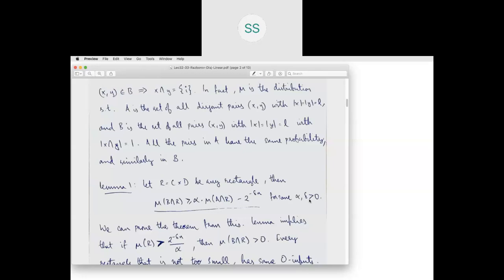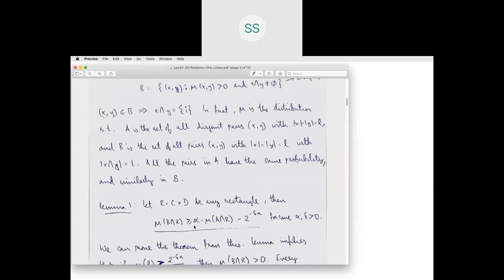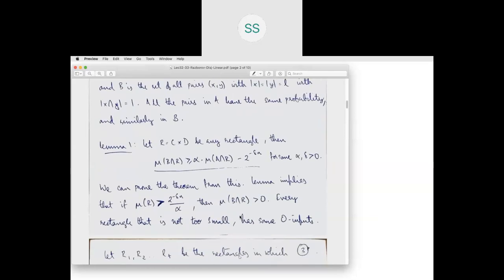So what we are saying is that consider R to be any rectangle in the set of inputs that Alice and Bob can receive. Now look at the intersection of this rectangle with the set of zero inputs and the set of one inputs. So for any rectangle, you look at what is the contribution of zero inputs to that rectangle and what is the contribution of one inputs to that rectangle. And what we are saying is the contribution of zero inputs is at least alpha times the contribution of one inputs minus something. So what does it mean?